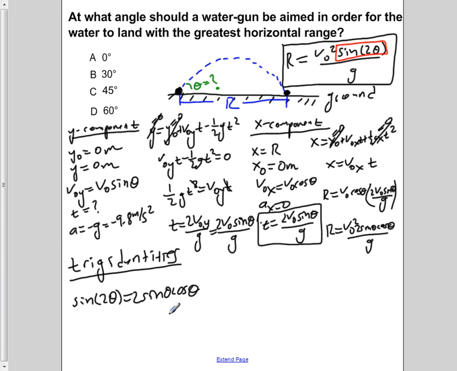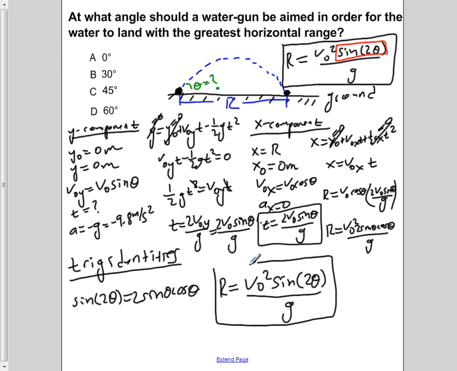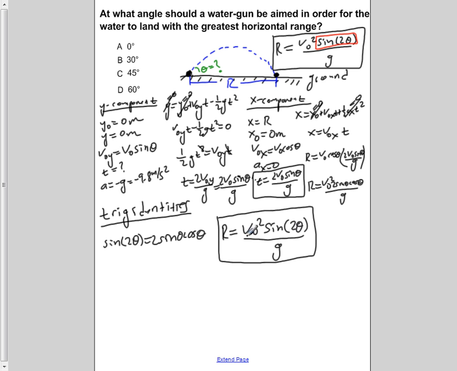So what you are simply doing is plugging in sine 2 theta where you see 2 sine theta cos theta in this equation, which gives us R is equal to v naught squared sine of 2 theta over g. This gives us the range that we want based off of theta, an initial velocity, and the acceleration due to gravity. Now you want to maximize this equation, so we find the greatest R.